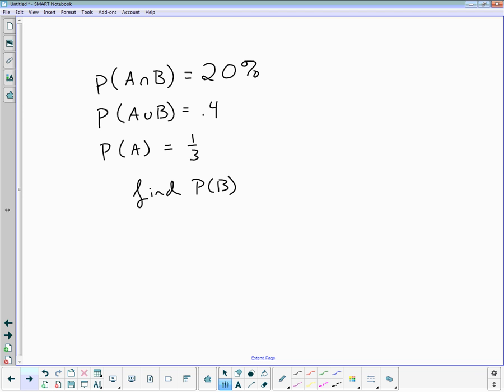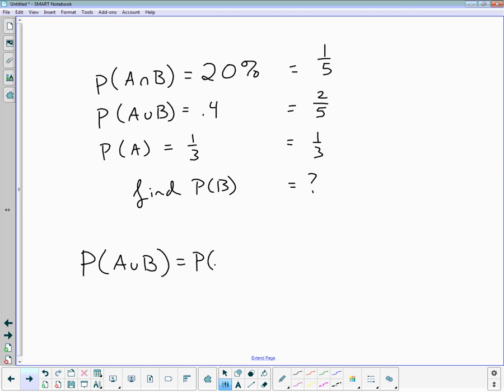This is 1/3, and what we're looking for. Okay? So, going back to that formula, we have the probability of the union.